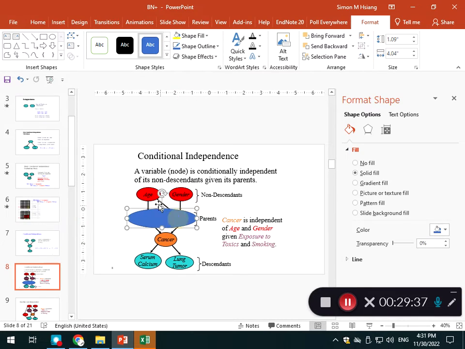But first, there will be a root cause, age and gender, that are non-descendants. And then there are the parents. Age to smoking, gender to smoking, and then those cause cancer.